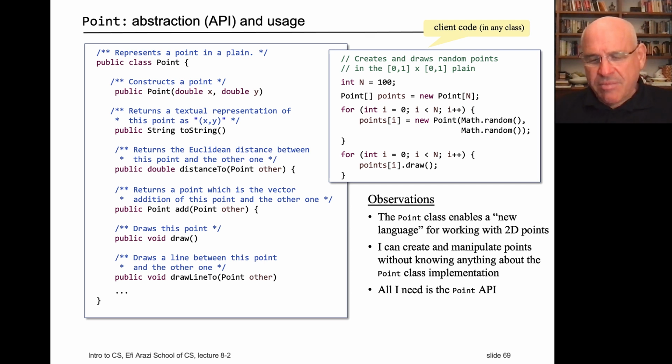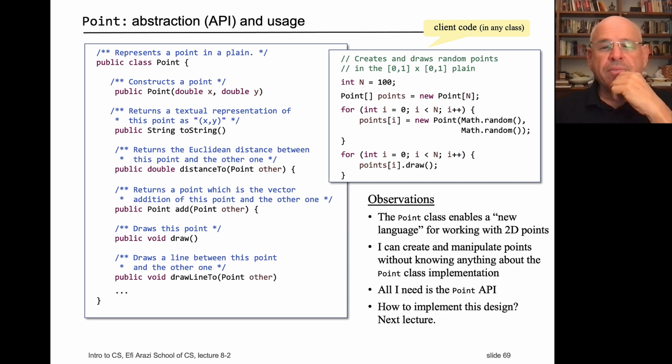So class architects are extremely important. If a class architect knows what she's doing, she's going to save a lot of trouble to numerous programmers who are going to use this class.